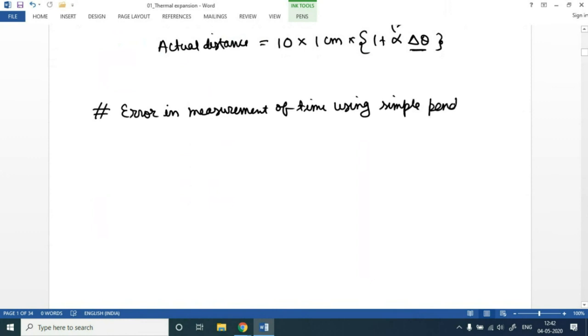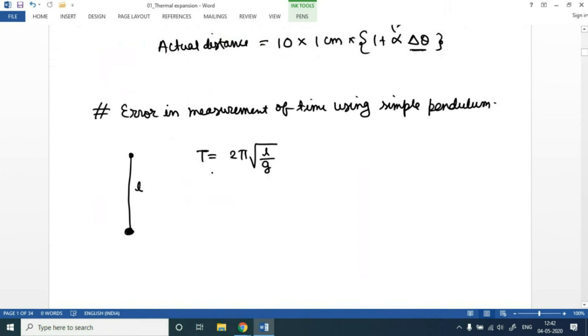A simple pendulum is a string, let's say a metallic string, and some bob is suspended, and we measure the time of oscillation. If the length of the string is L, the time period would be nothing but 2 pi root under L by g.